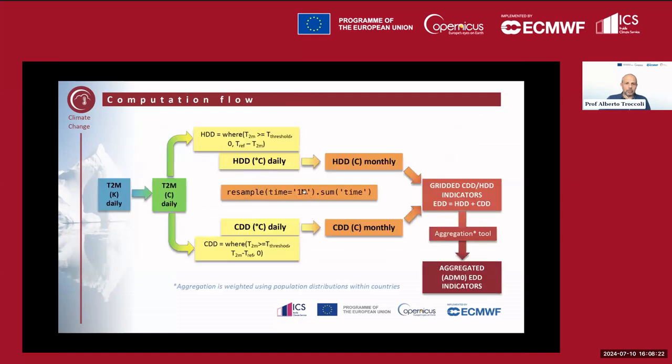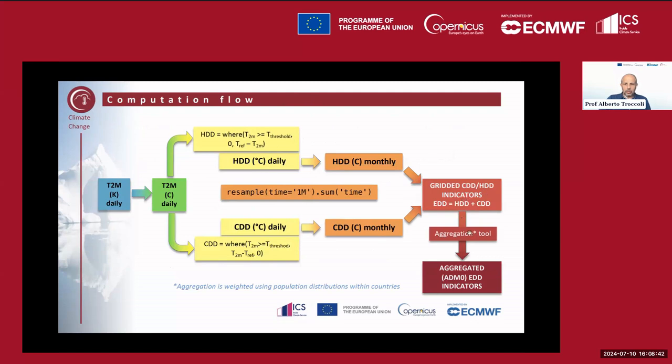Formally, this is the flow that we follow. So we start from gridded data at the resolution of the quarter degree grid, which is the ERA5 grid. And so it's all pretty simple.